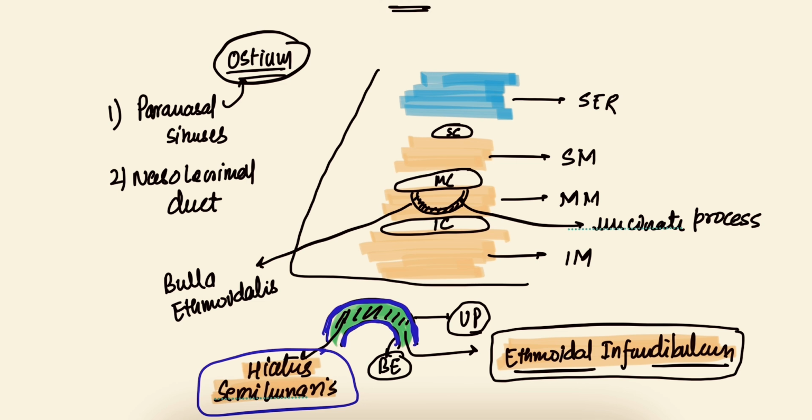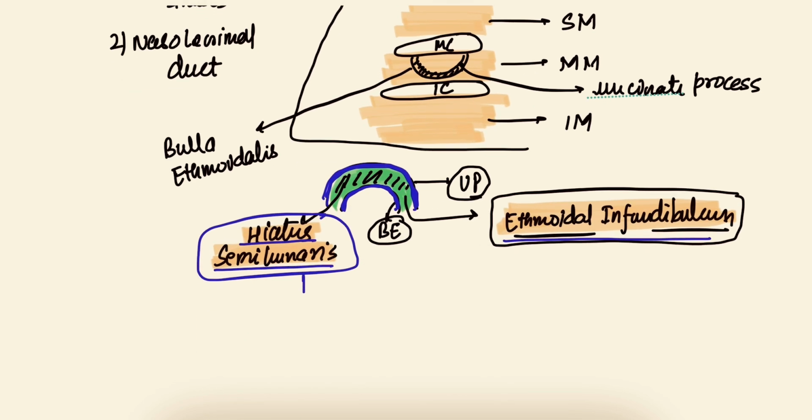The space between the bulla ethmoidalis and the uncinate process is the ethmoidal infundibulum, and the hiatus semilunaris is the entry to the ethmoidal infundibulum.